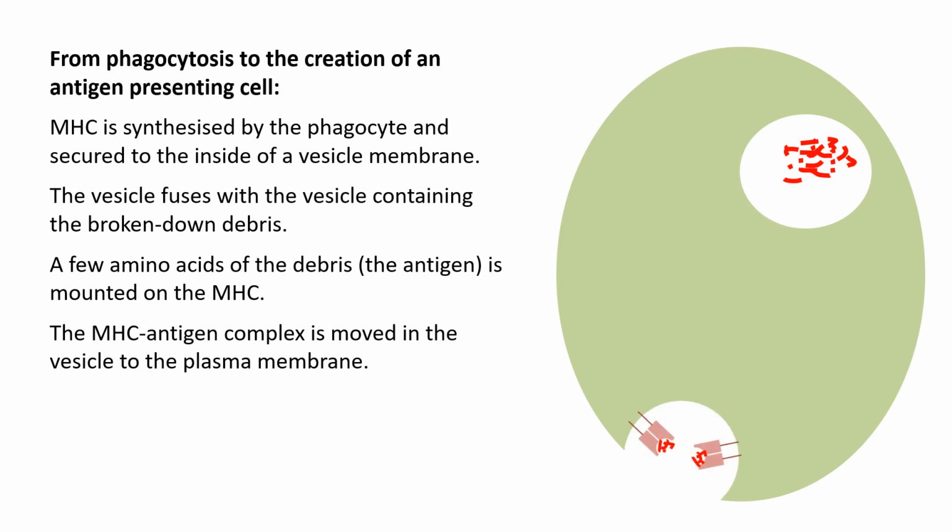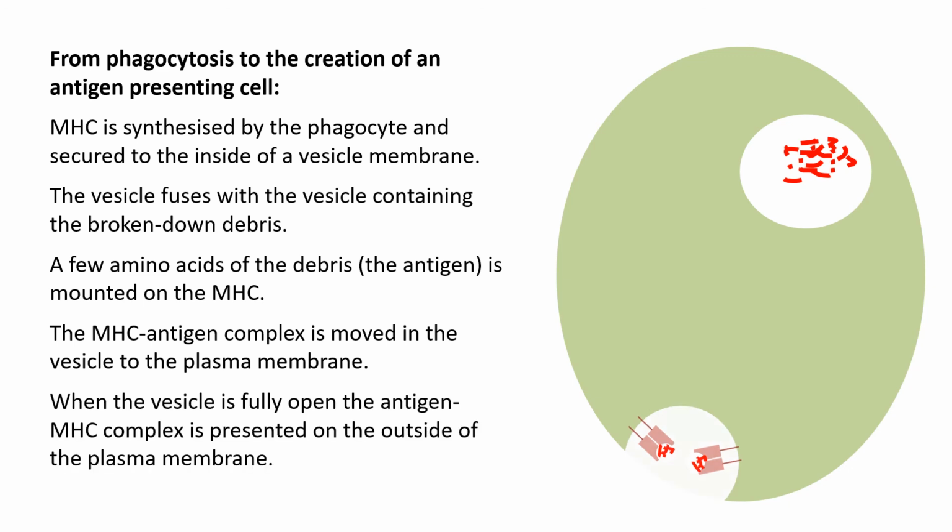The MHC antigen complex is moved in the vesicle to the plasma membrane. We're looking at exocytosis, but that type of exocytosis where we keep hold of the protein that we made. We don't release it.